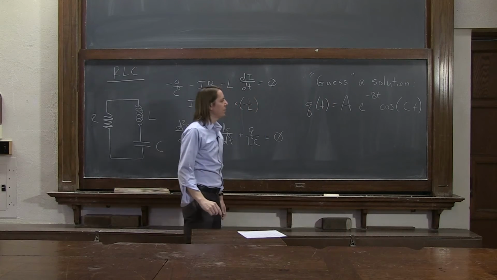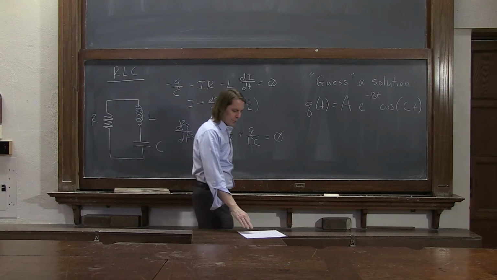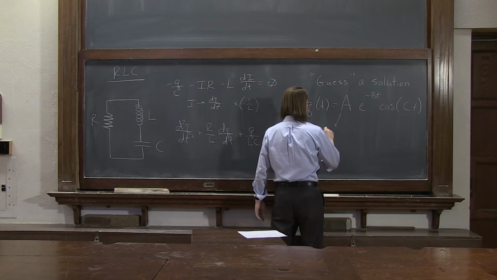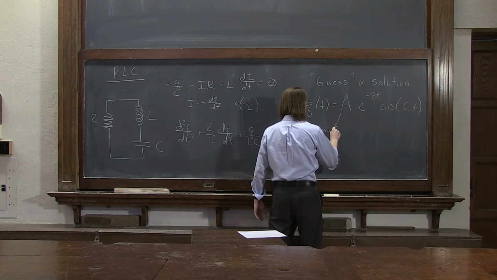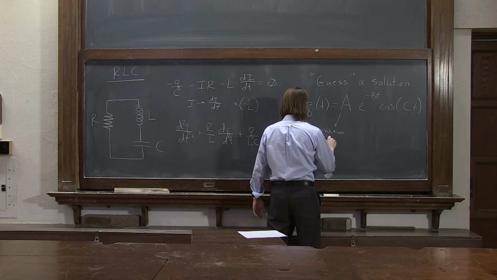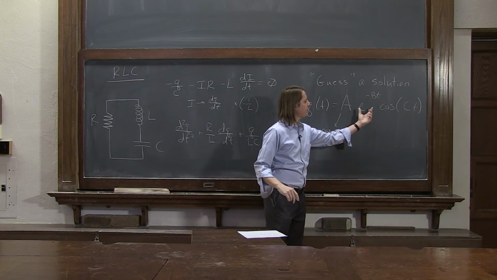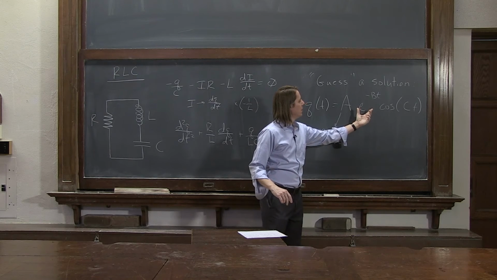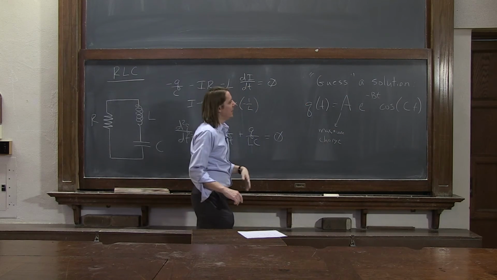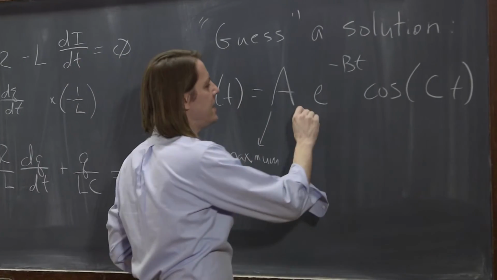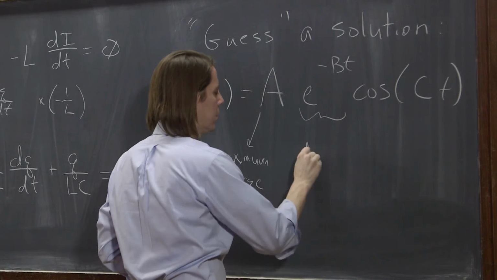So we made sort of a general guess with 3 parameters, where A is, you can tell, some maximum charge. And bt represents the damping.